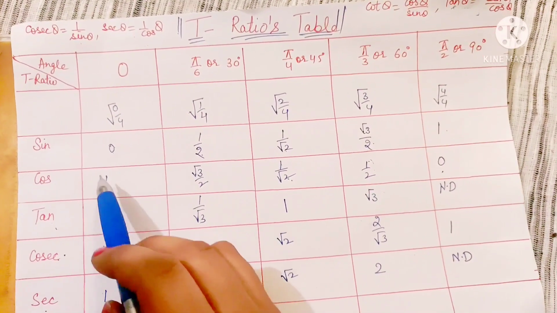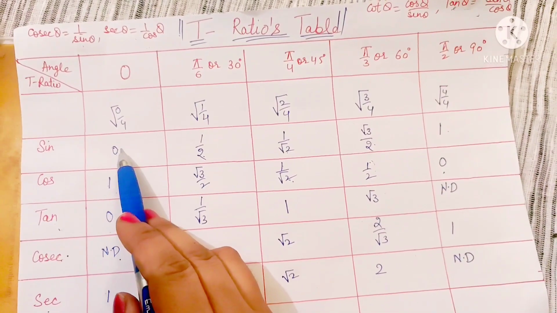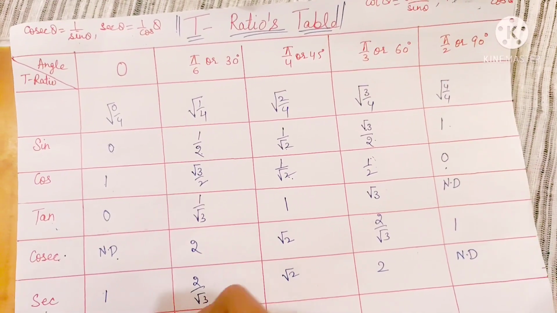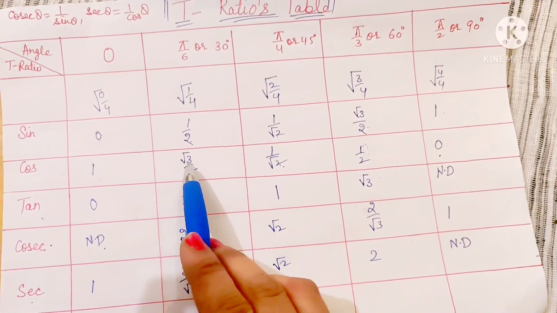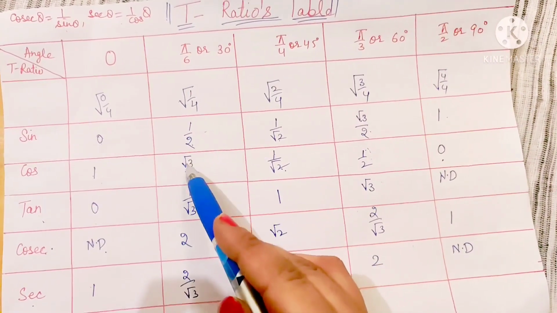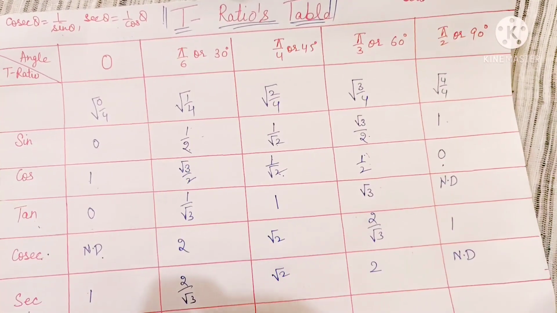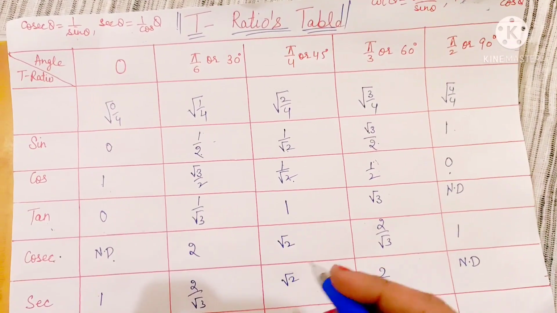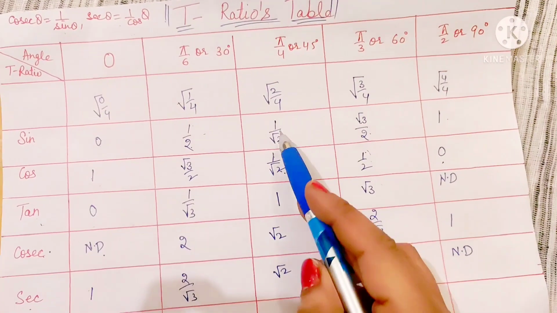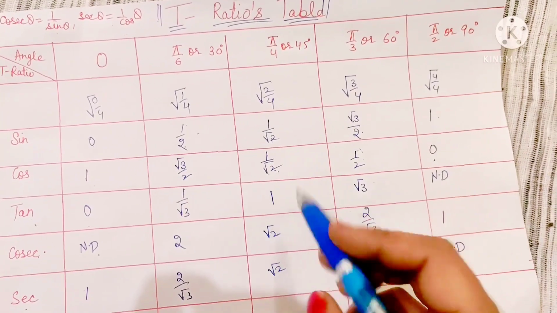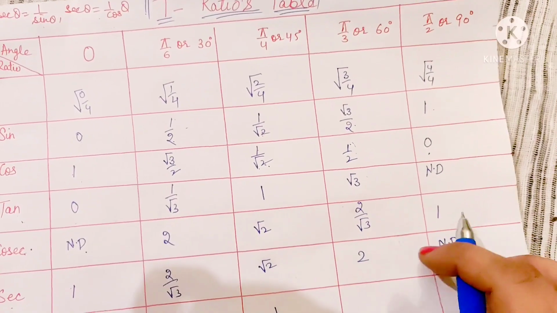That is 1 by 0. 1 by 0 means not defined. Next cos theta divided by sin theta, under root 3 by 2 divided by 1 by 2, that is under root 3. Next, 1 by under root 2 divided by 1 by under root 2, which is equal to 1.